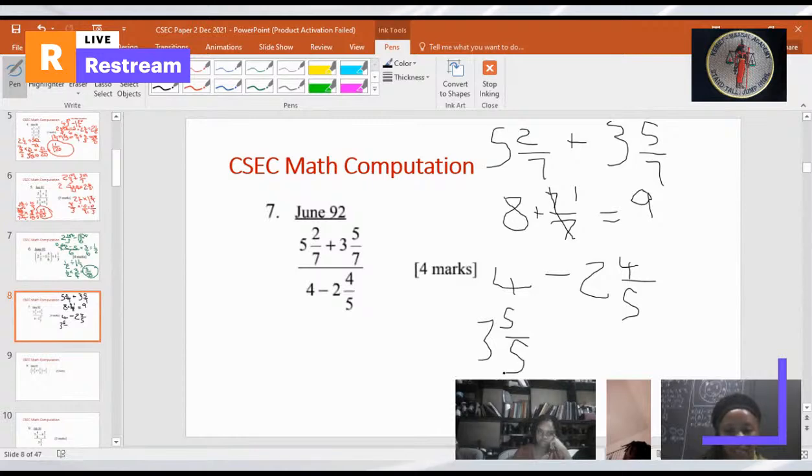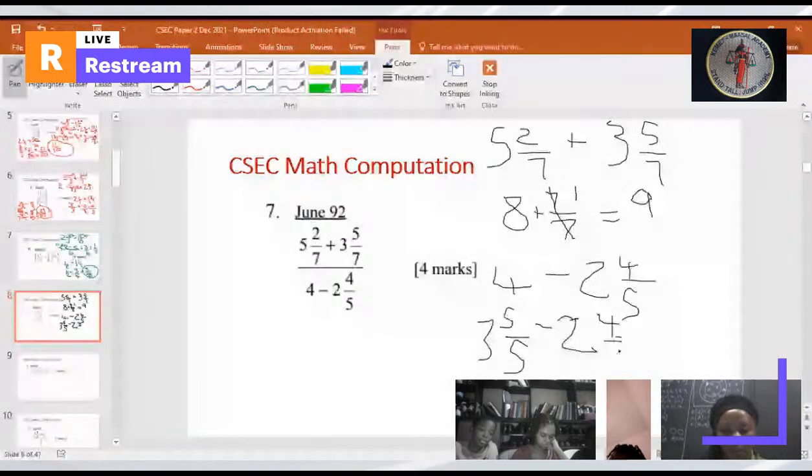Because we're working with this denominator, whatever this is, we take 1 whole out of the 4, leave 3, and write that 1 whole as this number over itself. It's easy. So we'll write back 2 and 4 over 5.